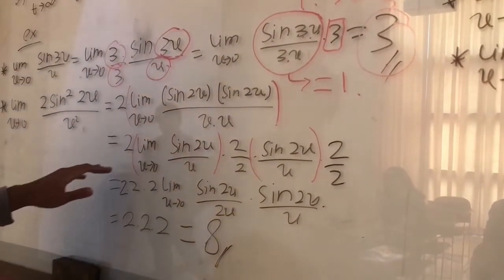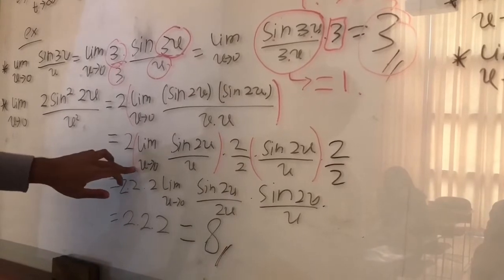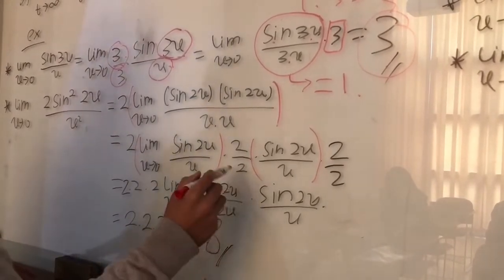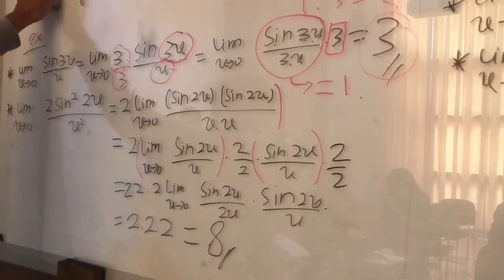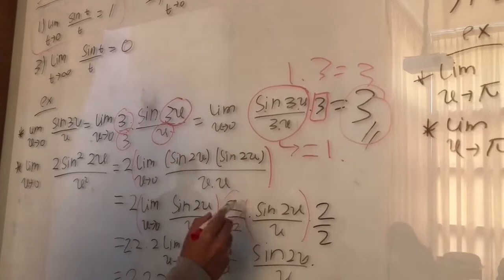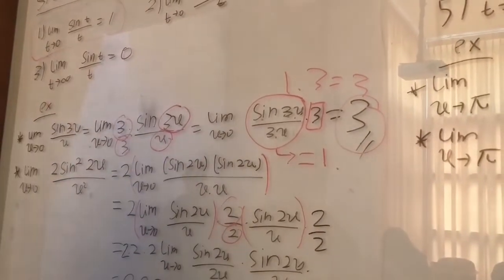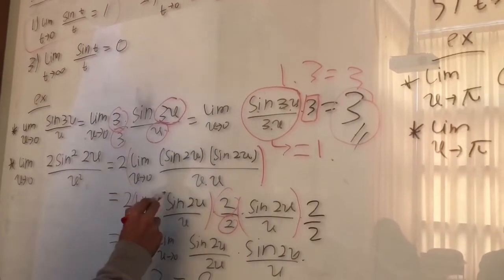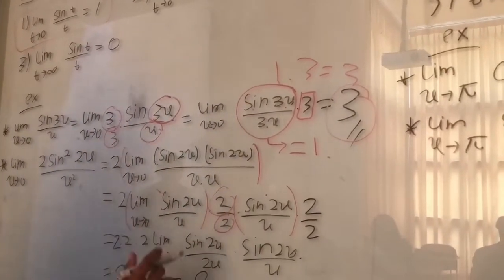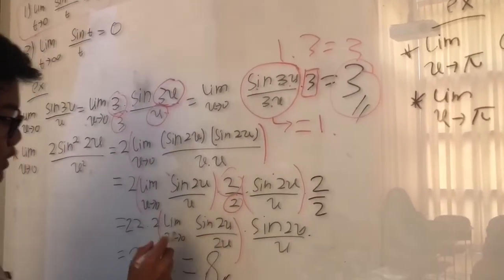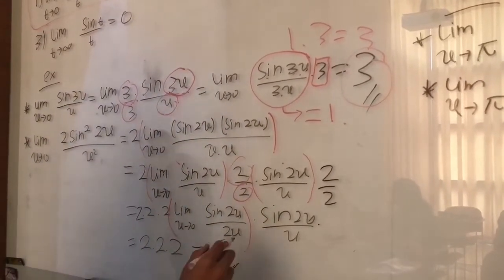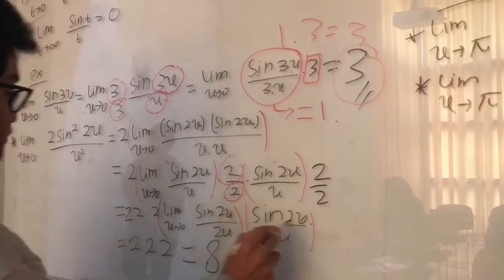Here again, we have to put it like this, so there's this special trigonometric limit. So you have to write 2 over 2, like in the first example, for this one and this one. From there, we get the limit as x approaches 0 of sine 2x over 2x, and the same applies to this one.